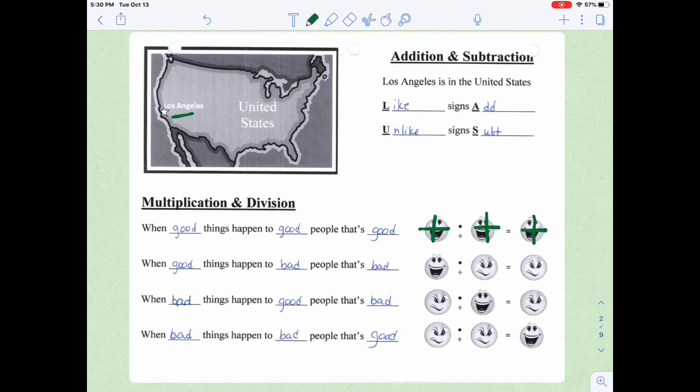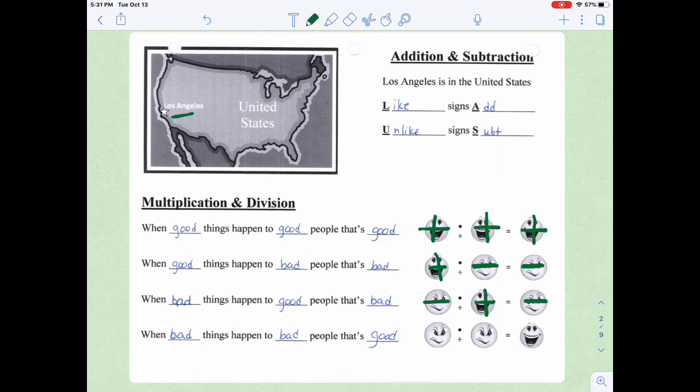When good things happen to bad people, that's bad. So if we have a positive times or divided by a negative, we're going to have a negative for the answer. When bad things happen to good people, that's bad. So if I have a negative divided by or times a positive, I'm going to get a negative.